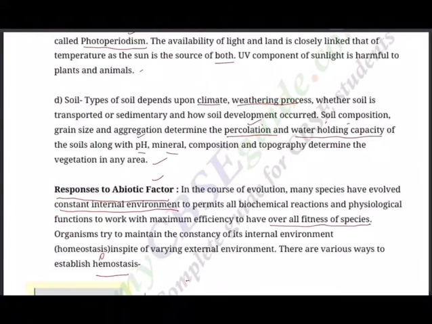So there are two interactions basically in any given ecosystem. One, interaction among the biotic factors, such as between plants and animals, and second, interaction between the plants and animals versus abiotic factors. Abiotic factors can be temperature, heat, light, water, moisture, salinity existing in the water.